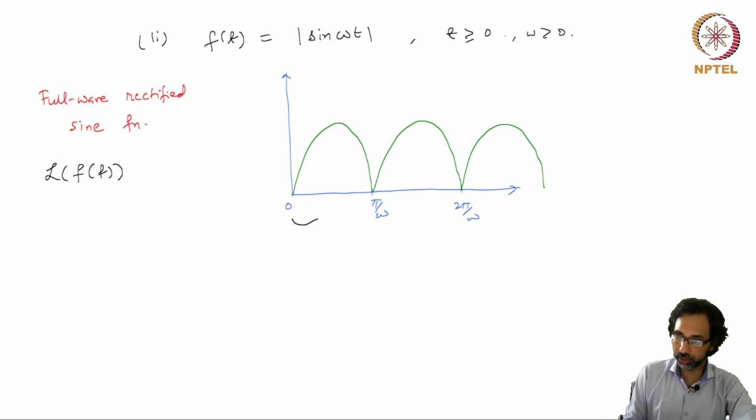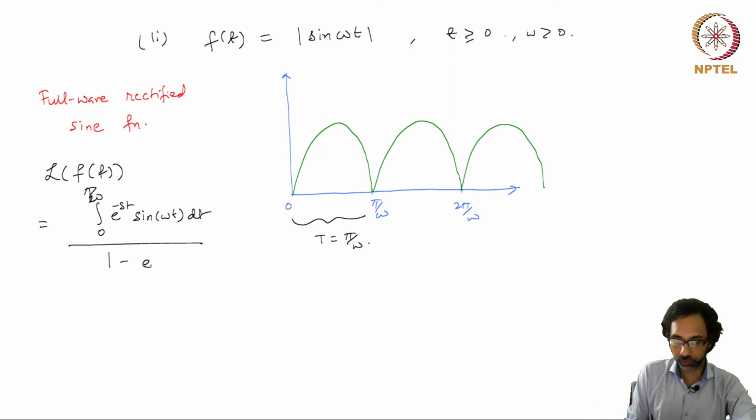Here note that the period is simply pi by omega. So by the formula for our periodic function we get the integral from 0 to pi by omega of e to the power minus st sine omega t dt over 1 minus e to the power minus pi by omega times s.